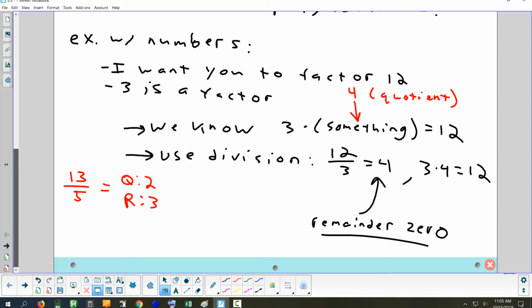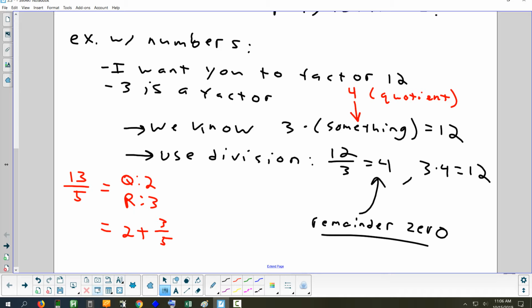That's one way to write the answer. The other way you can write the answer is like this. We're going to talk about this too: quotient plus remainder over divisor. So 13 divided by 5 is 2 plus 3 over 5. And normally you write that as a mixed number, like 2 3/5.